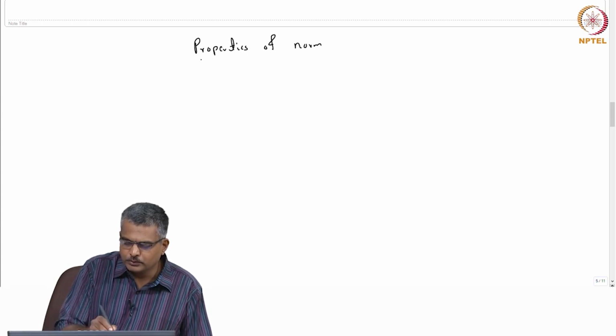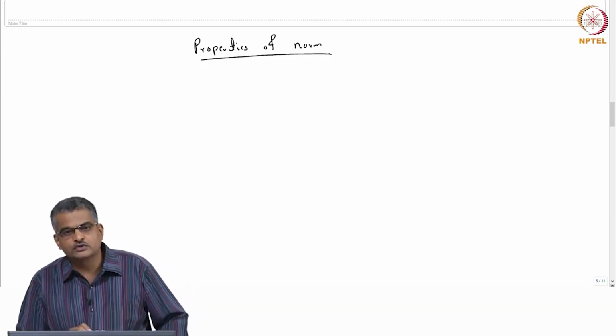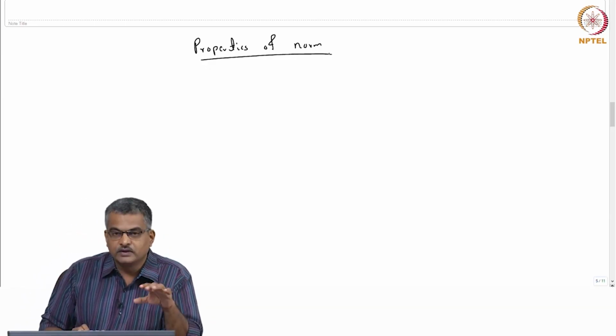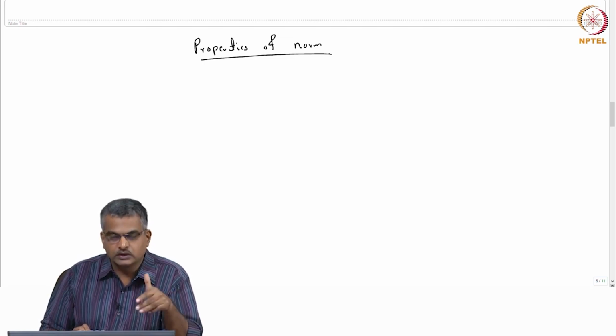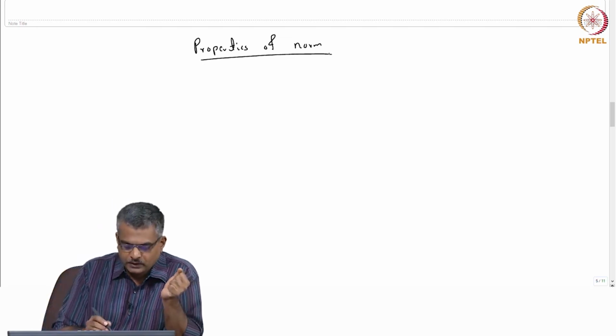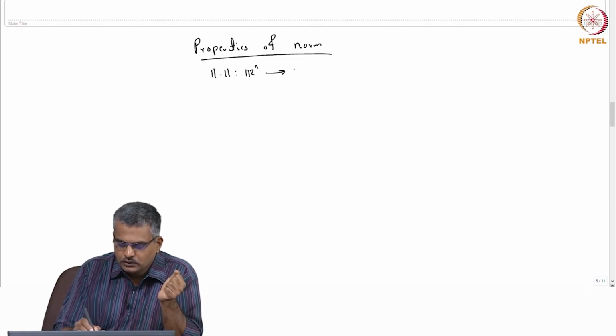These properties apply to any norm. So far we have just defined the Euclidean norm, but shortly I will define some other types of norm. As we have seen, the norm is a mapping from Rn to R plus.